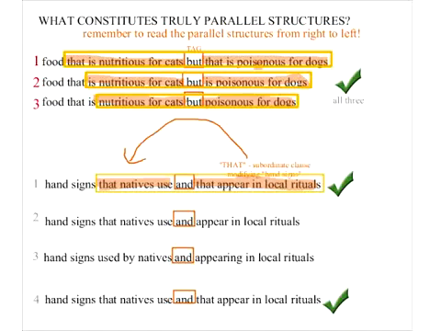How about number 2? Couple of you indicated that you thought this was correct. This is not correct. Let's look at why. This is appear in local rituals. Let's take a look at this word here.